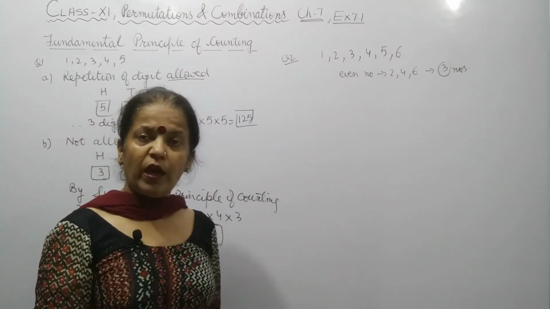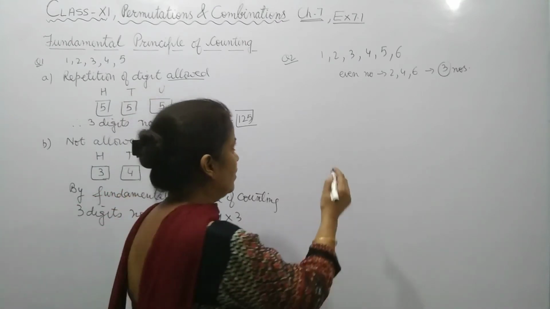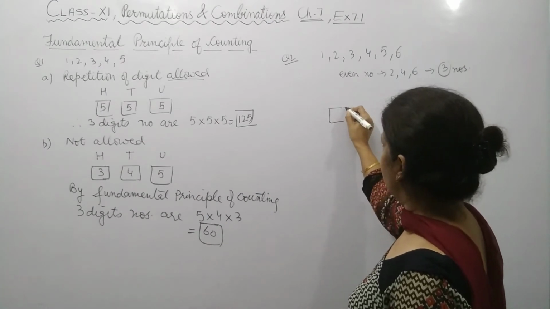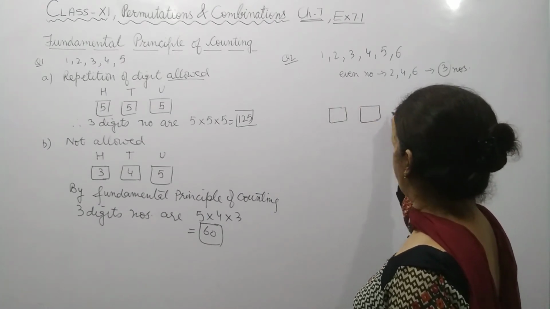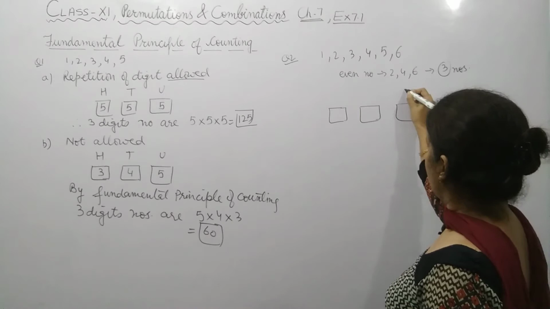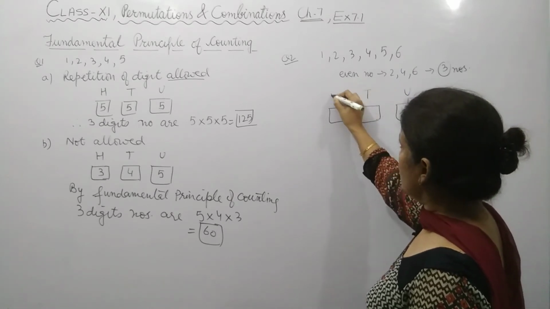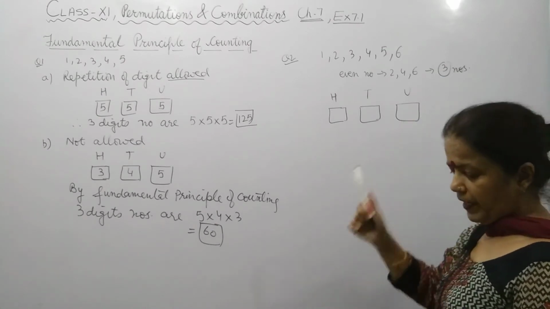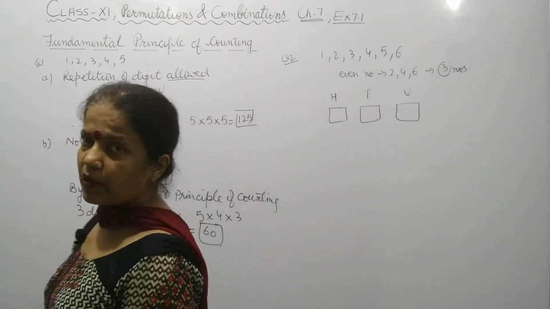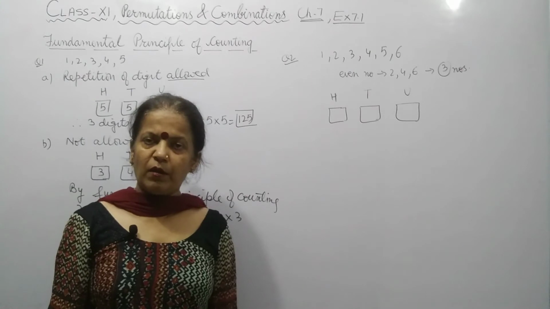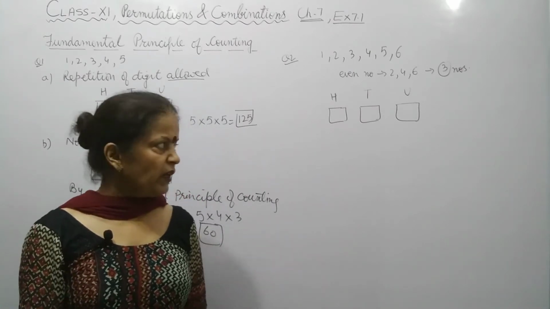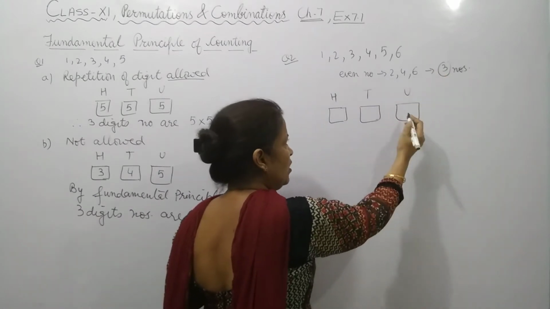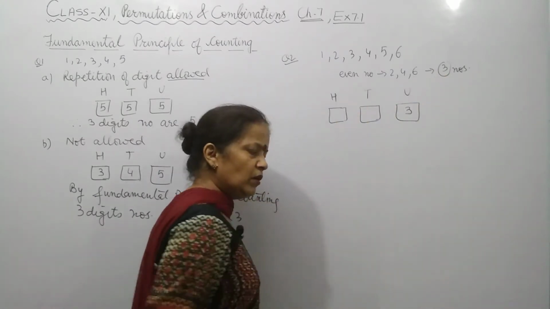Now again you have to make the 3-digit number and the repetition is allowed according to the question. So unit, tens, 100. So can you judge out at unit place कौन सा ये number होगा so that it will become an even number? So out of these 3 numbers, it can be any one to make it even number.